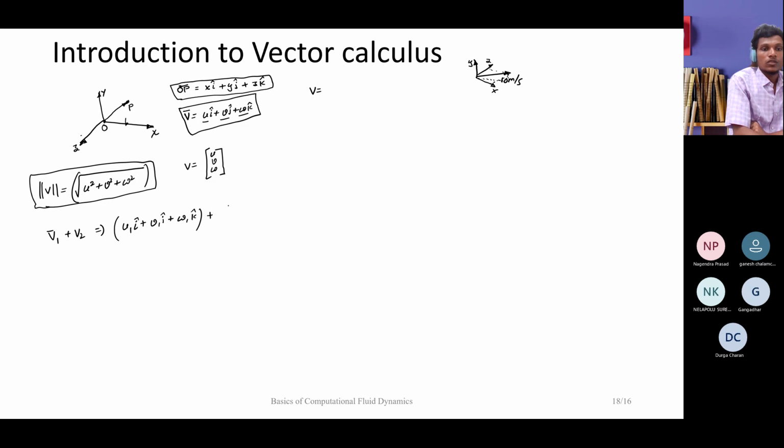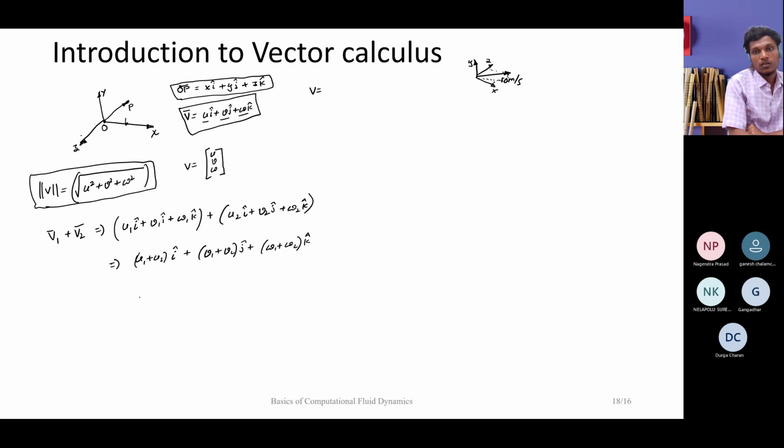If you are going to add u2 i cap plus v2 j cap plus w2 k cap, it is just one-to-one addition. That is u1 plus u2 i cap plus v1 plus v2 j cap plus w1 plus w2 k cap. This is your vector addition.